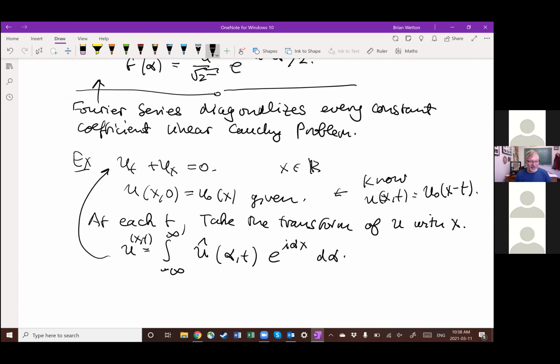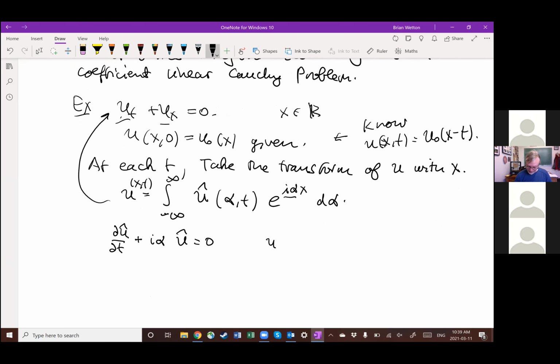When I take the x derivative, all I get is a multiple i alpha times this thing. So I'm going to have two Fourier series, this and this, and I get to equate the coefficients of the Fourier series. I get d u hat of alpha dt, that comes from this, and then plus i alpha u hat is equal to 0.